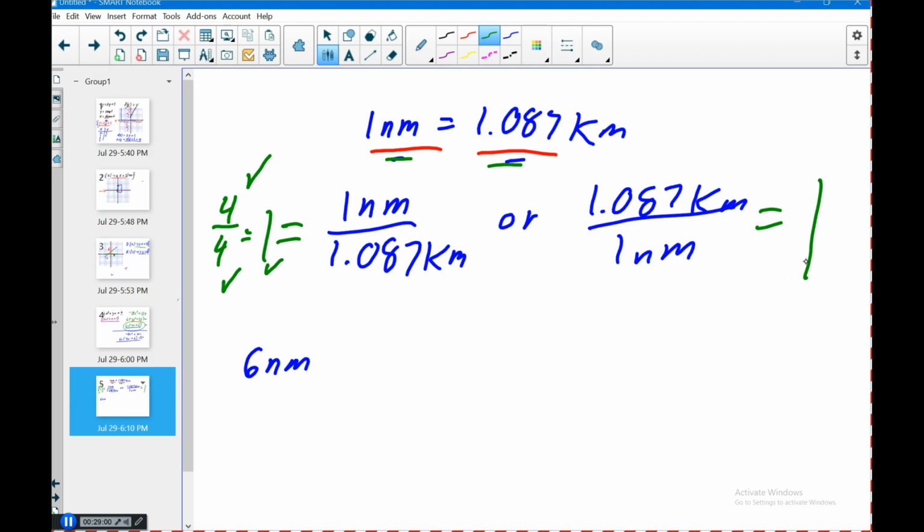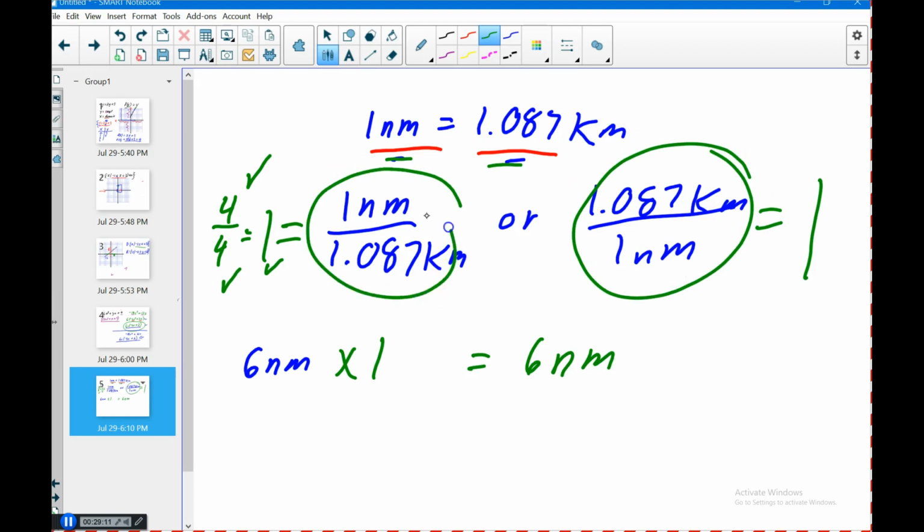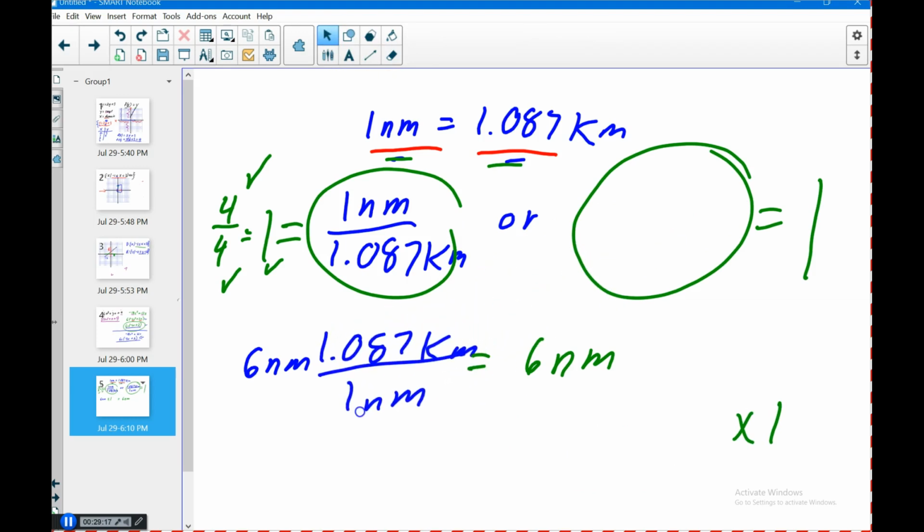So if I multiply 6 nautical miles by 1, I'm going to get 6 nautical miles, right? But since these here are equal to 1 as well, instead of using the 1 down here, I can take one of these and put it down here. See that? Now I'm multiplying these two numbers together.